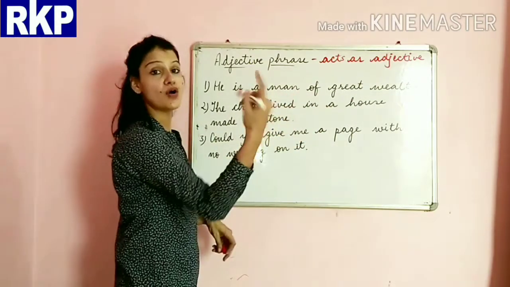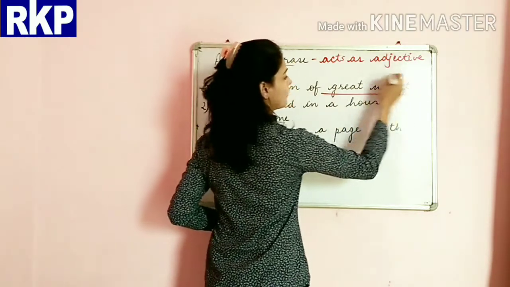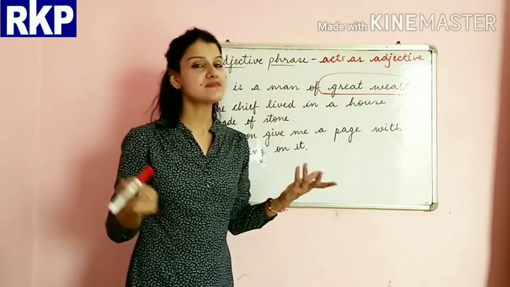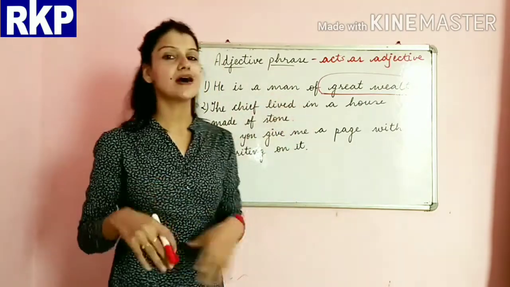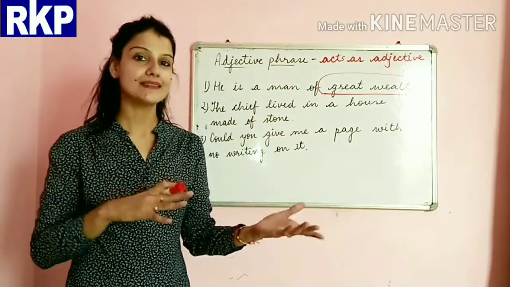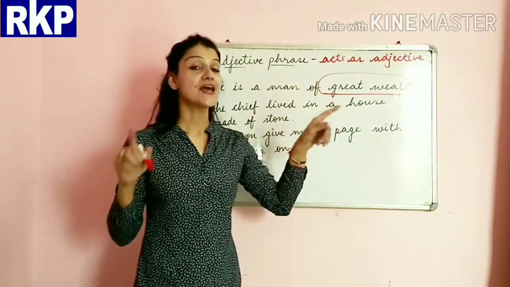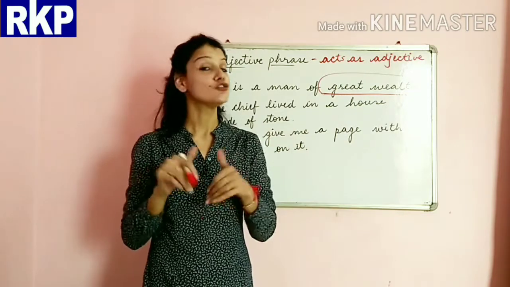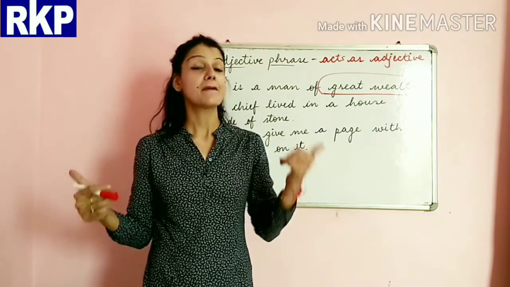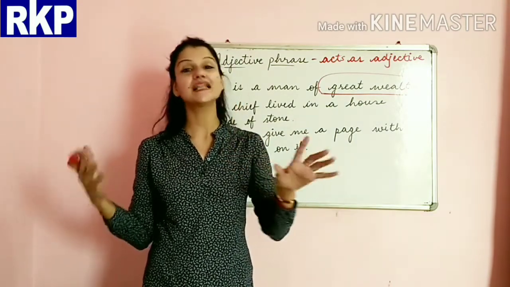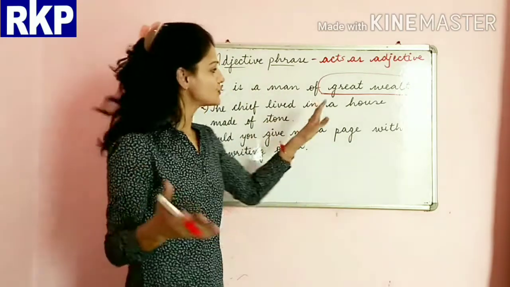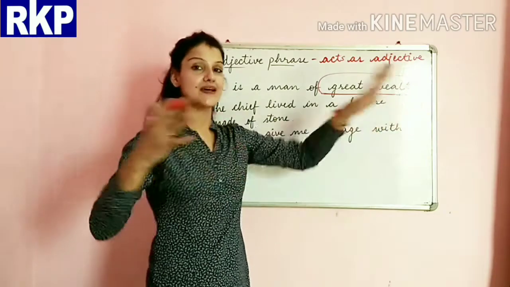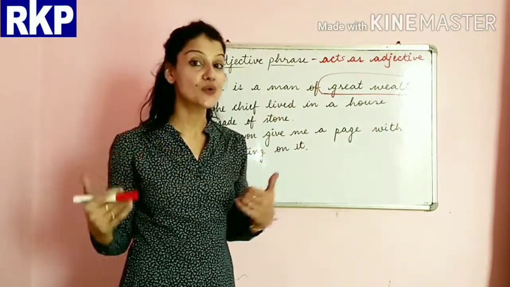He is a man of great wealth. We can also simply say he is a wealthy man, but in that case wealthy is an adjective, not an adjective phrase, because that is a single word adjective. So of great wealth, that means he is rich.